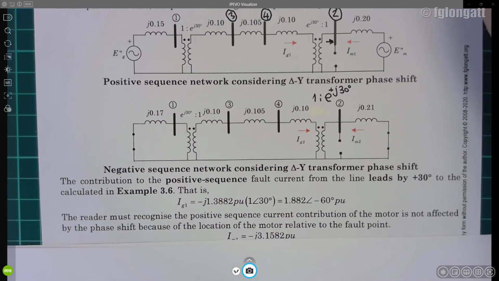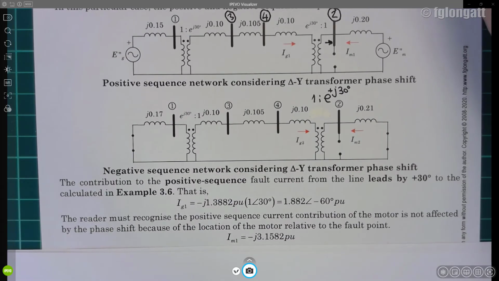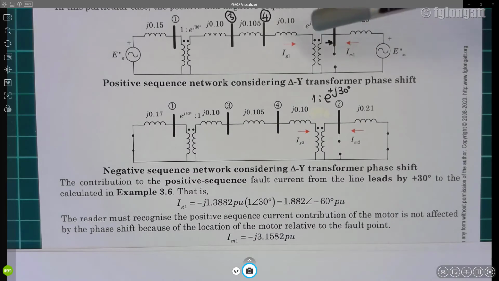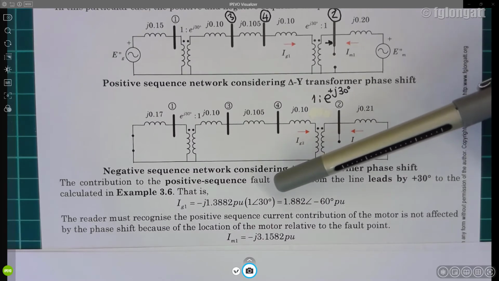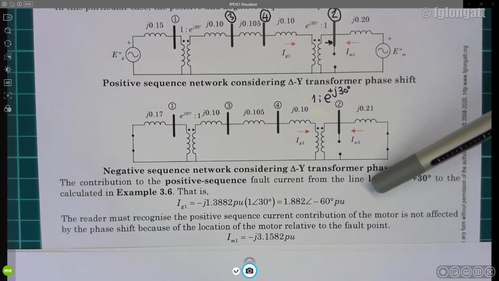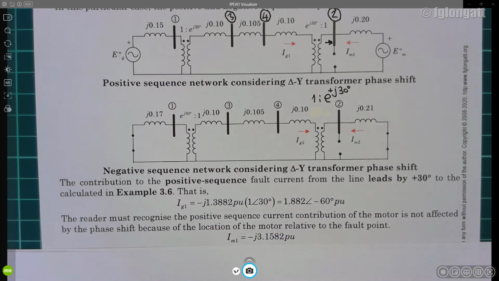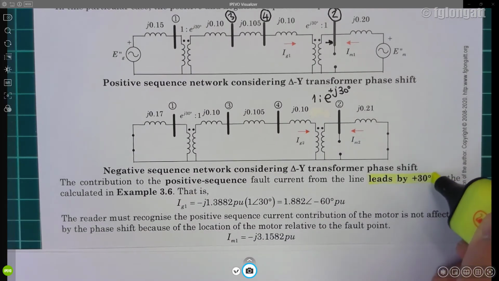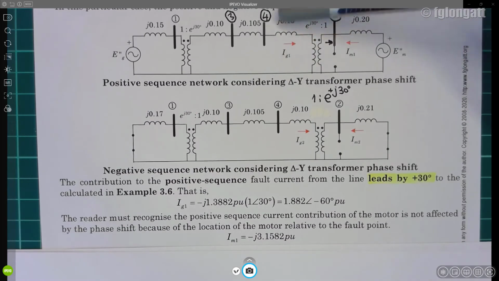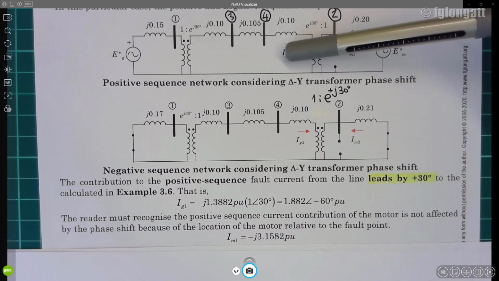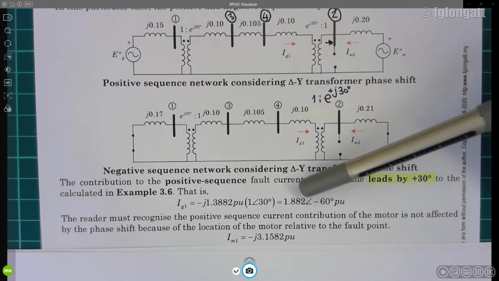Let me keep here the circuit model. What you need to think about now is that we are moving from one side to the other. And in this case, we are including a 30-degree positive angle shift at the generator contribution, okay? We are including plus 30 degree.